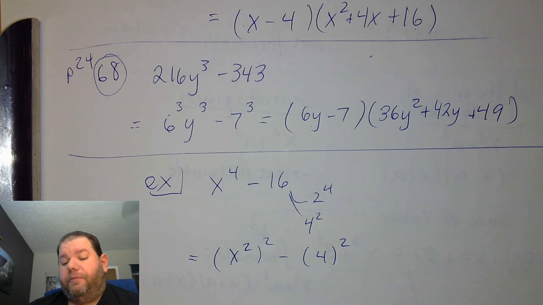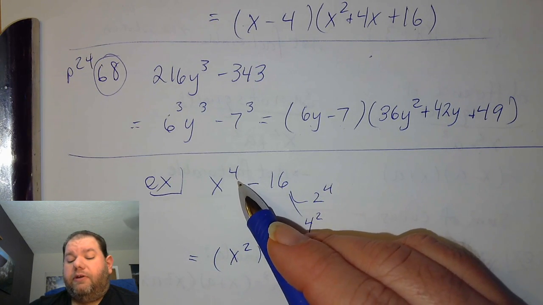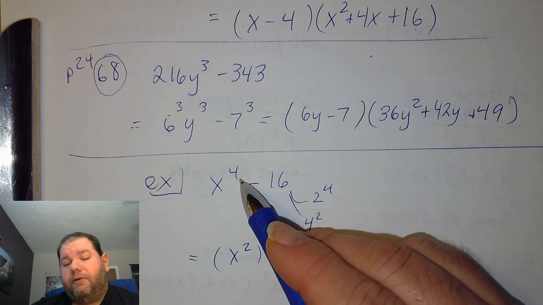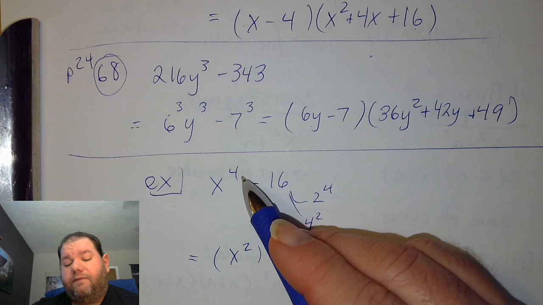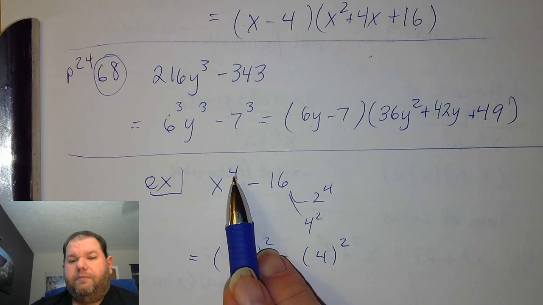Now, let's make sure we understand this step. The way that we take a square root of a term with an exponent, like a variable with an exponent x to the 4th, is we actually factor this number into something times 2.